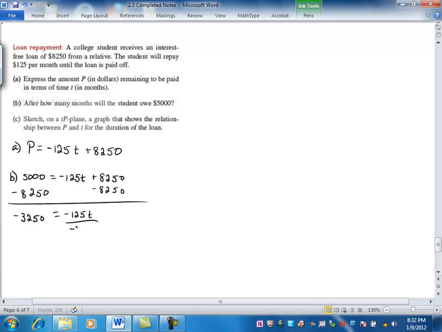We divide both sides by negative 125. And so t equals 26. So after 26 months, the student owes $5,000.